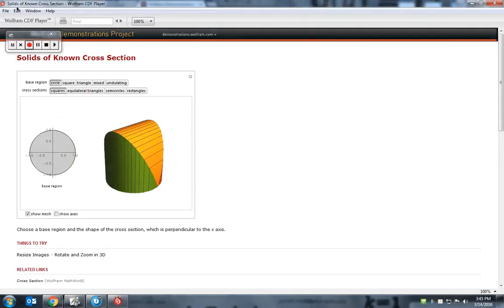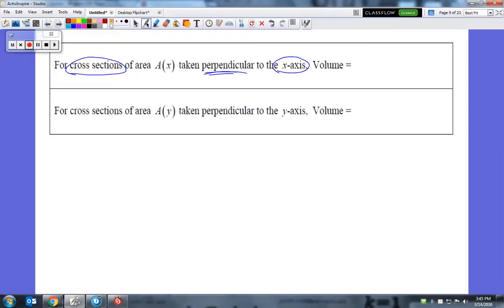Okay, so now let's go back, and we will say perpendicular to the x-axis, they're going to be vertical slices. Vertical slices, because you could draw yourself a little XY graph, and here's X. If it's perpendicular, it's going to create a 90-degree angle. You could see that this is going to be dx.